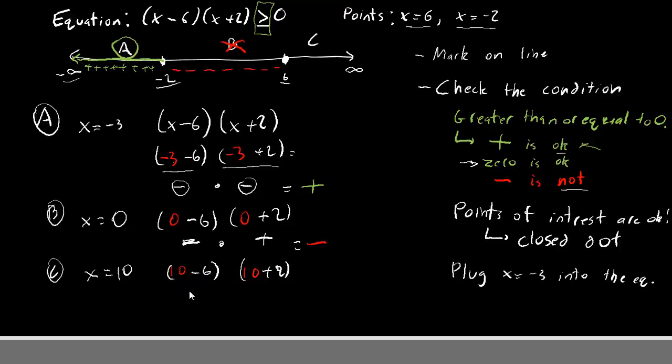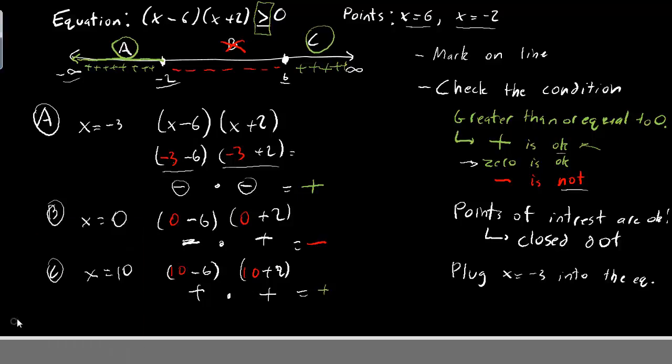Well, 10 minus 6 is definitely a positive number because 10 is bigger than 6. And 10 plus 2 is also positive. So if we take a positive times a positive, our answer is definitely going to turn out positive. That means everything in region C is positive, and region C is part of the answer.